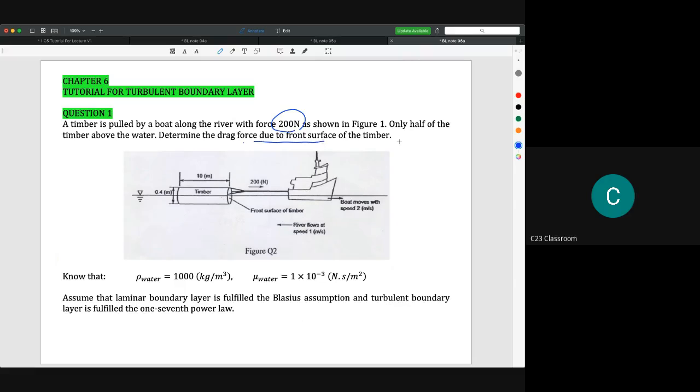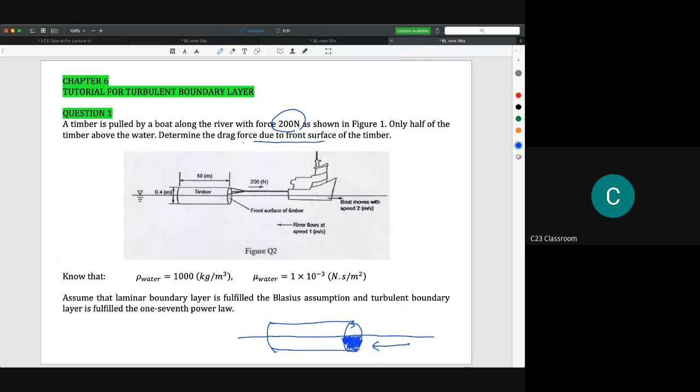So in this situation, you need to know that we have an object, a timber, and the area that is submerged is half of the timber. You could imagine that at the front surface here, the water will hit perpendicular, so it will give us a drag force due to the surface.